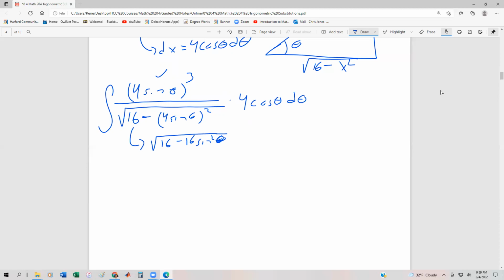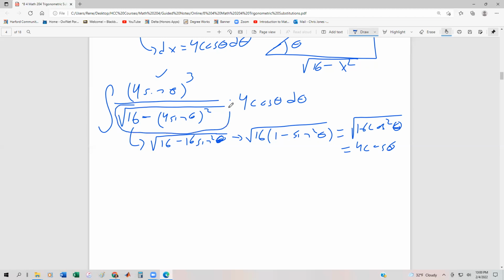Going with it, if we factor the 16 out, that's the square root of 1 minus sine squared theta. And we know 1 minus sine squared is just the Pythagorean identity for cos squared. So we get 16 cos squared theta, and ultimately, this just becomes 4 cos of theta. That's actually going to be pretty helpful for us when we substitute. So this whole thing right here is just going to become 4 cos of theta.